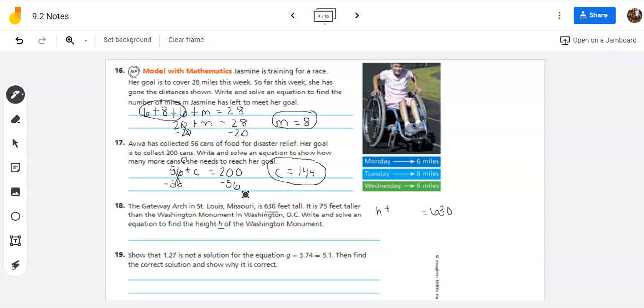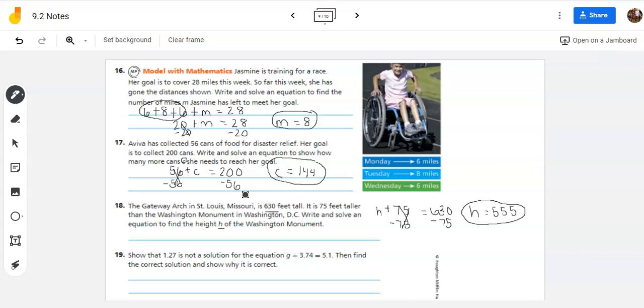And my other number that I have at the Washington Monument, we have 75. Opposite of adding 75 is subtracting 75. 630 minus 75 is 555. So the height of the Washington Monument is 555 feet. It's 75 feet shorter than the arch.